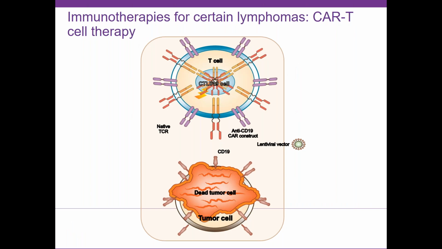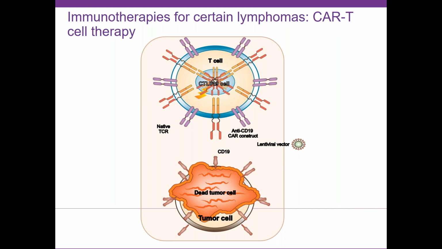So this works well in lymphomas, and right now it's again standardly approved for diffuse large B-cell lymphoma, and we've been treating some patients with that if they're eligible and appropriate candidates.